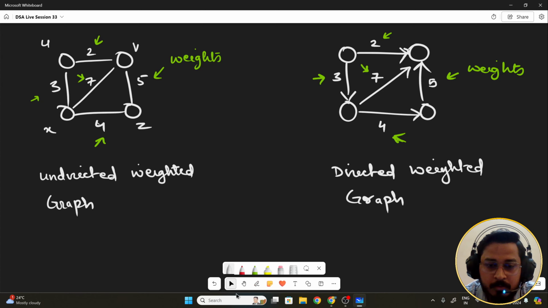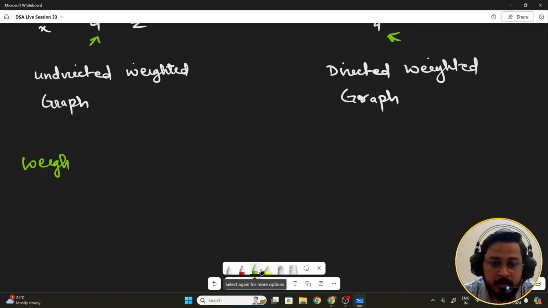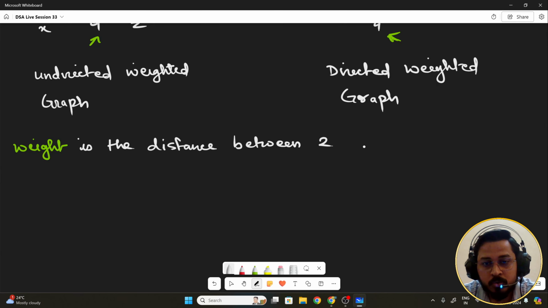Now, I talked about weights though, but I did not tell you what exactly is weight. So, weight is the distance between two nodes.